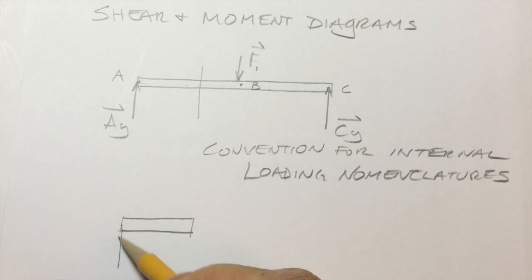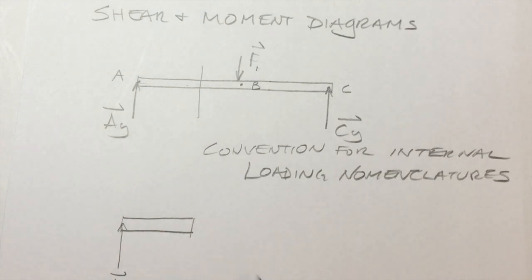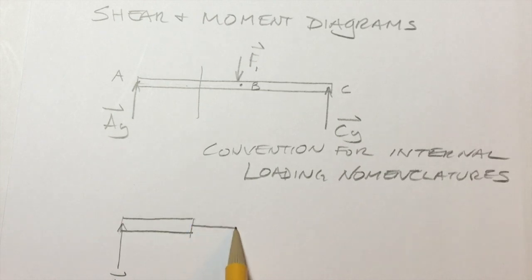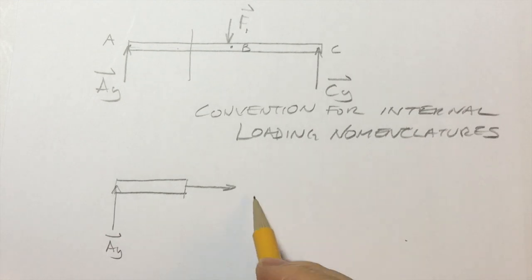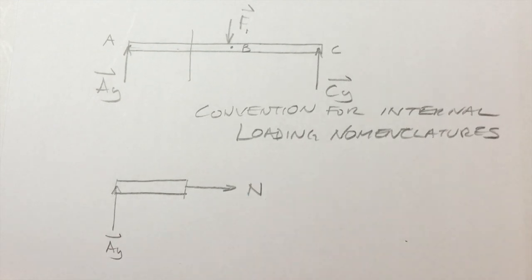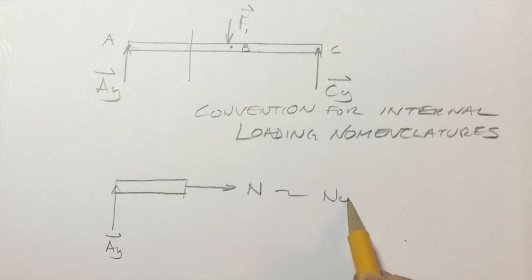So I'll have this force AY, and at the section part, I'll have this tensile force. And the convention is to name that tensile force with a variable N, and that means it's a normal force.